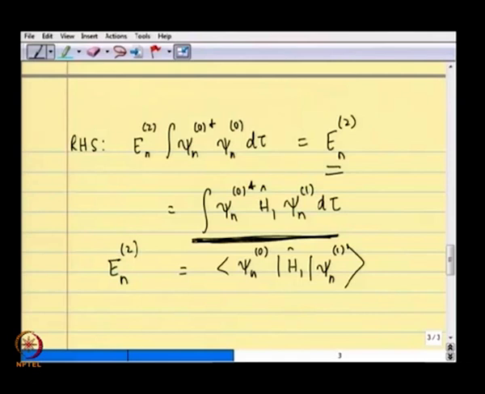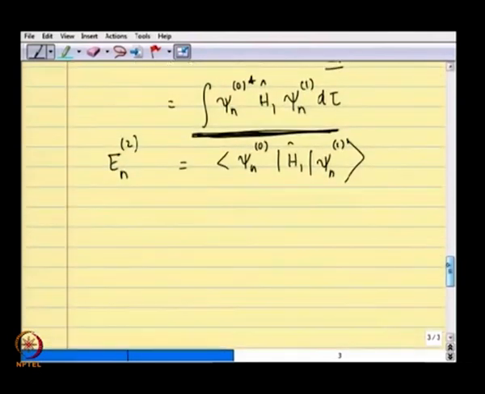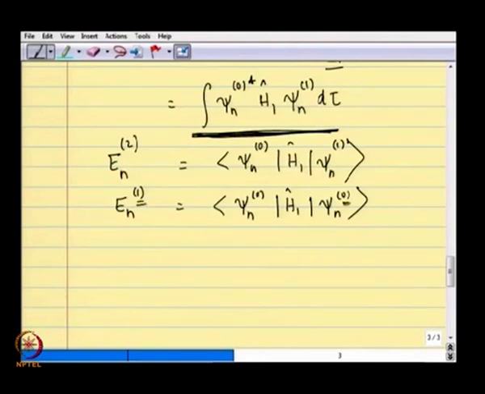Now, just by coincidence you might recall that E n 1 was given by psi n 0 h 1 psi n 0. So, 0, 1 and 0, 2 and 1.